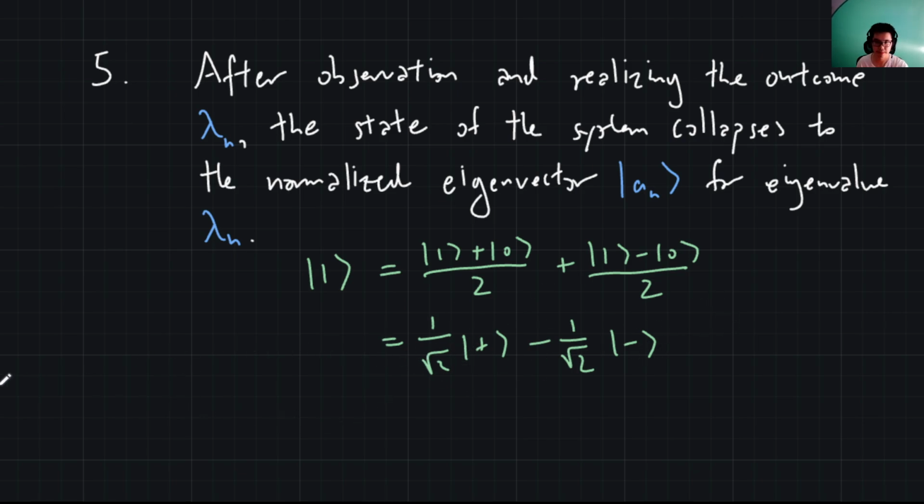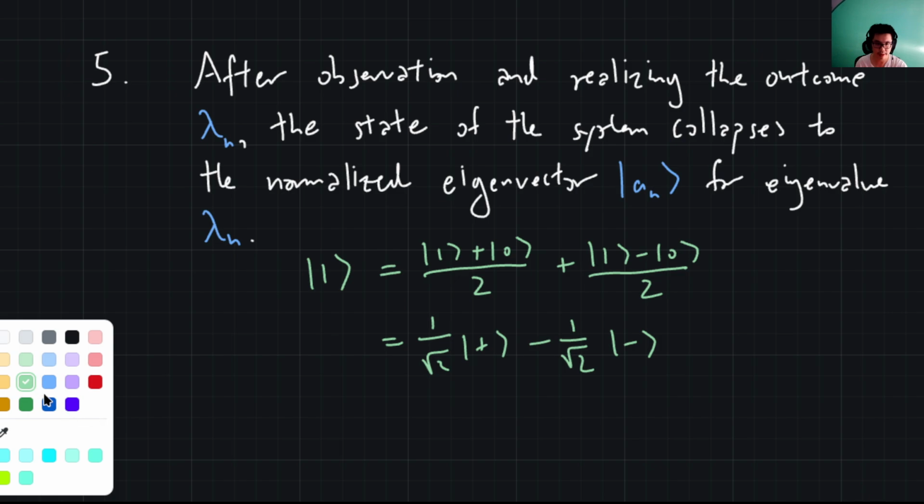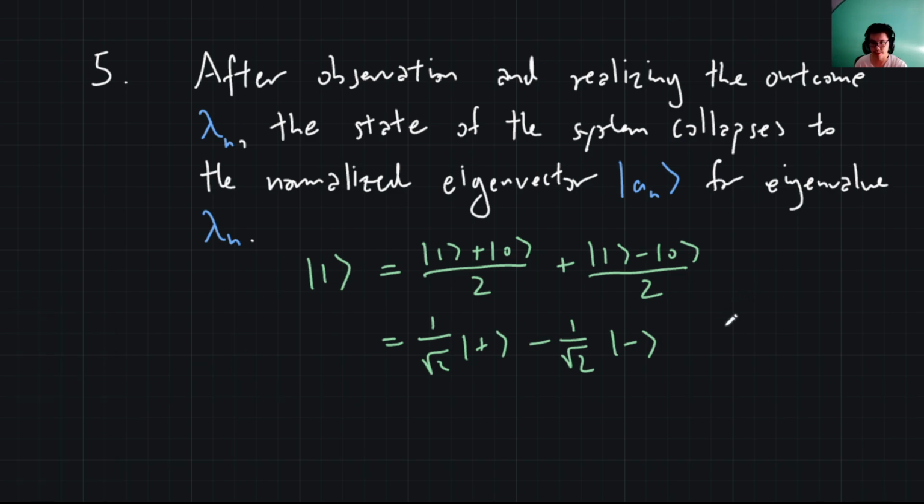So 1 can then be expressed using a change of basis as 1 over root 2, negative 1 over root 2 in the x basis. So 0, 1 in the z basis, root half, negative root half in the x basis.